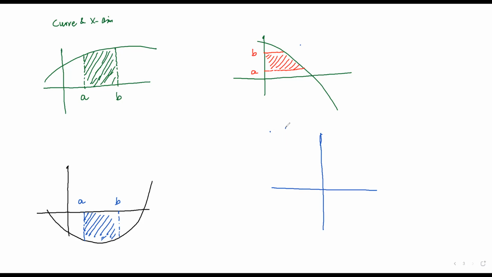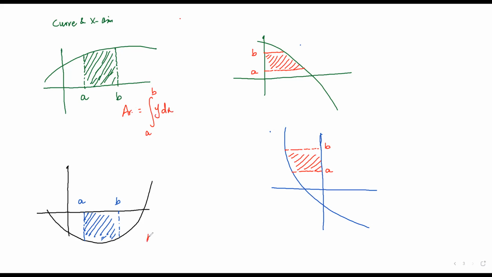Suppose you have a curve like this, and you want to find the area here, and this area is towards the left side of the vertical axis like this. So here is your A and here is your B. Just note it down. I'll tell you the details of this in the next segment. Here the area would be limit from A to B, and this is y dx.